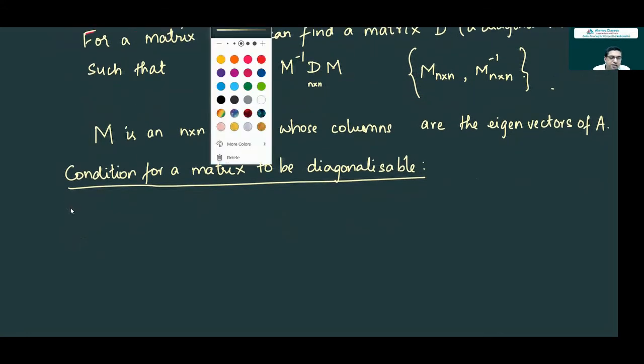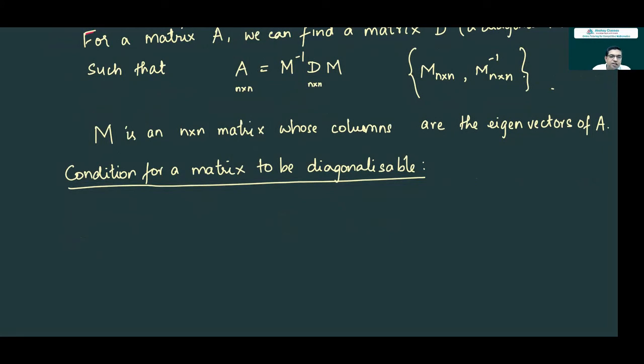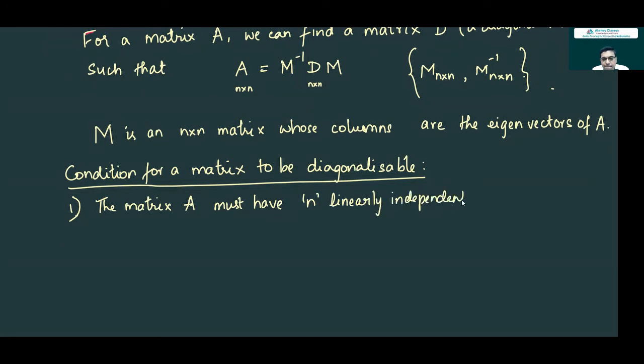For that, the first condition is the matrix A must have n linearly independent eigenvectors.